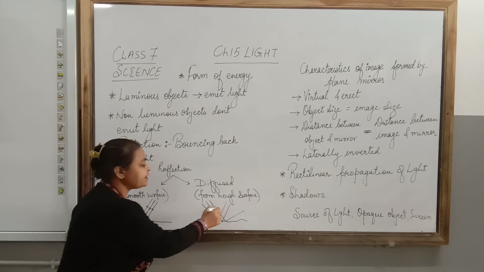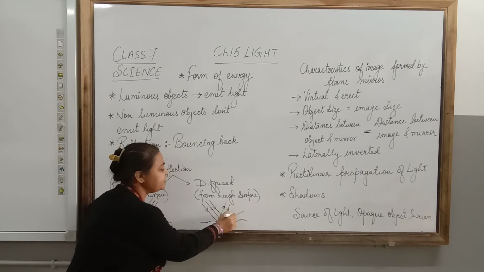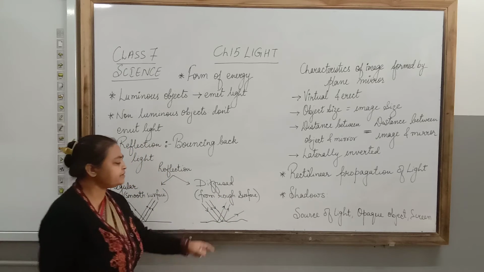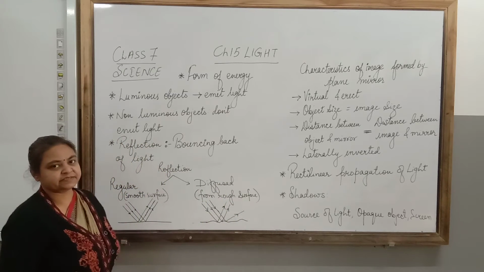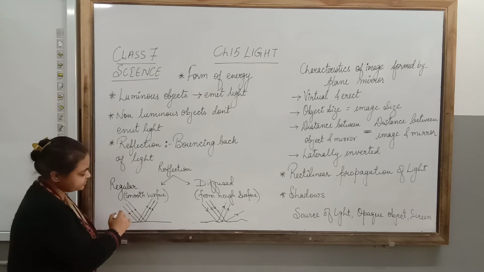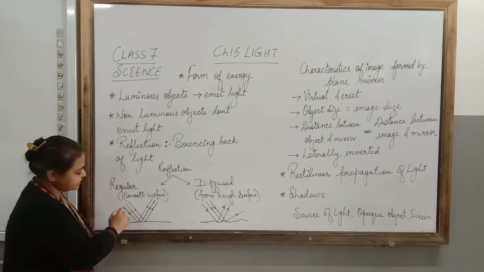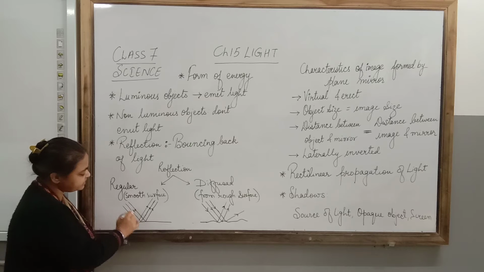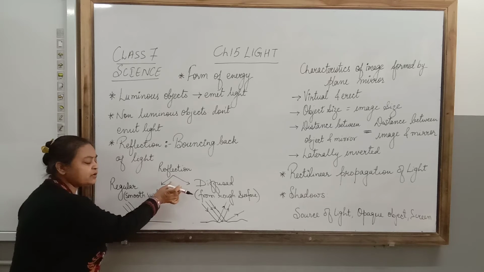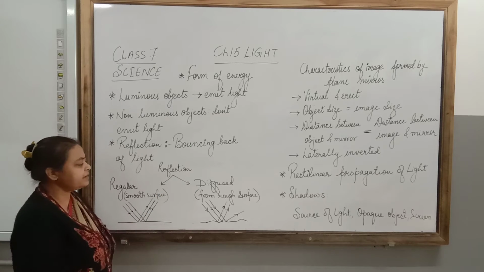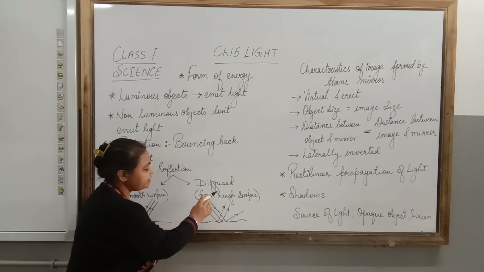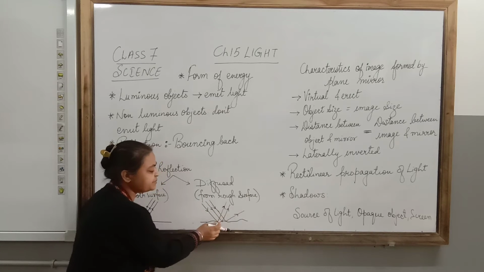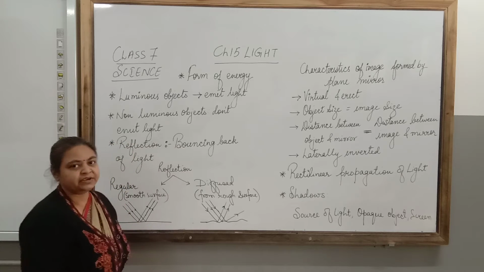So the reflected rays, they travel in different direction. They do not travel as parallel rays. You can see this in these two diagrams. Here, in case of regular reflection, the rays are coming parallel and going back also parallel. But here, in diffused reflection, the rays are coming as parallel rays, but they get scattered in different direction.